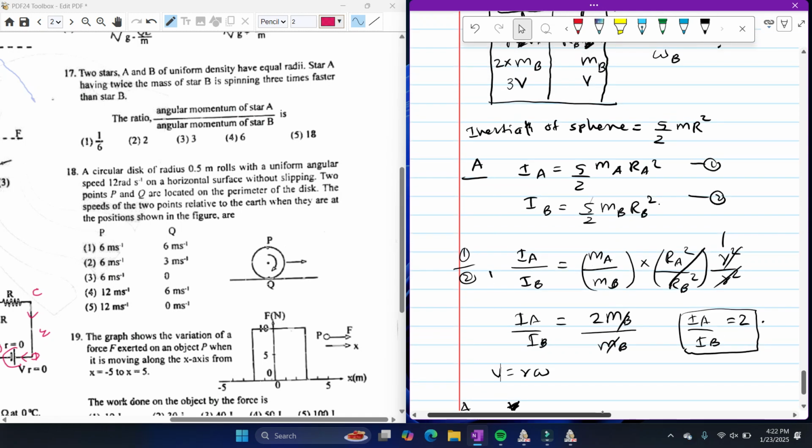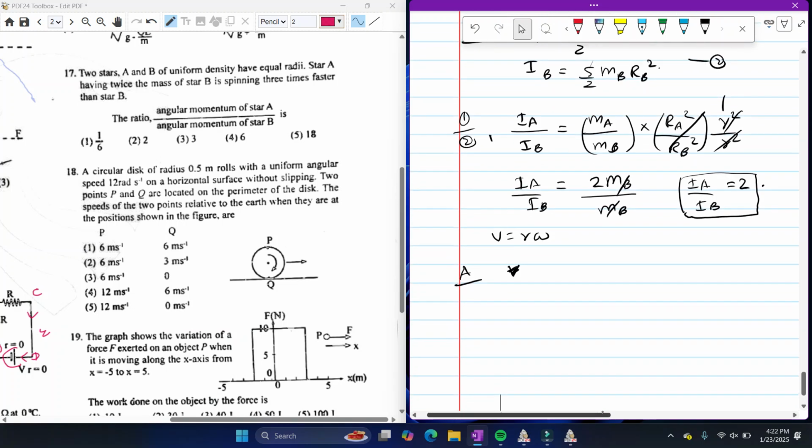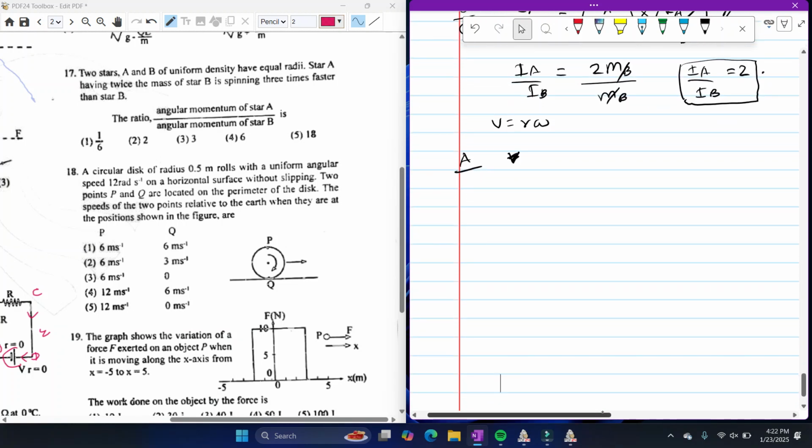I just want to show that the data we applied is really helpful when doing the simplifications, because afterwards you might have forgotten how many times this was the other one. So 3v equals the radius, just r, according to the data we applied, times omega a. This is something we need to find, so let it be there.